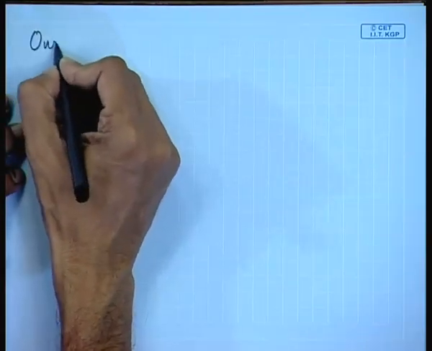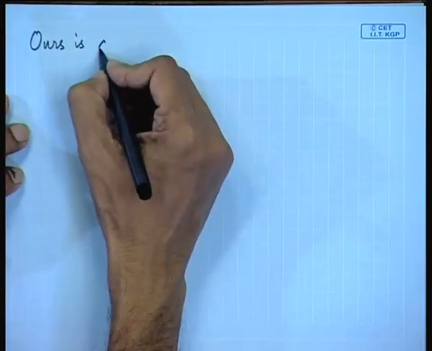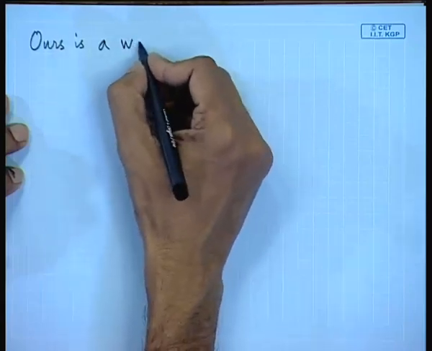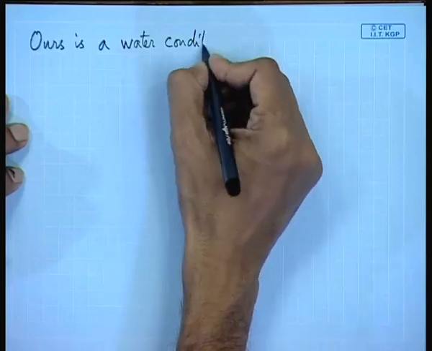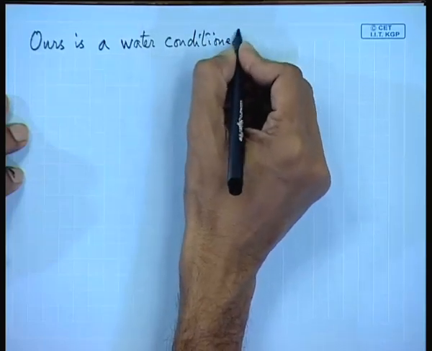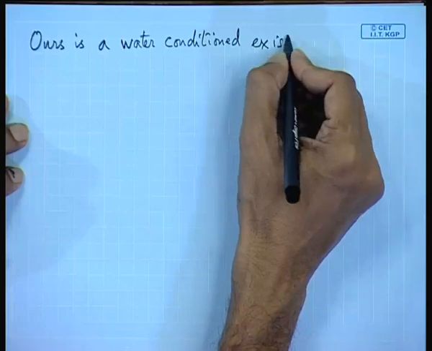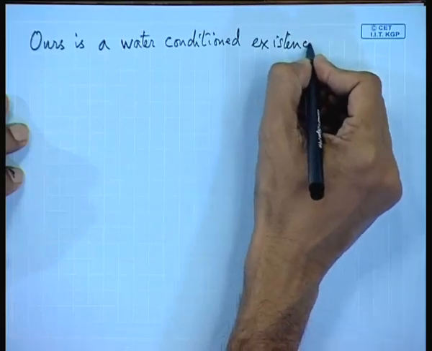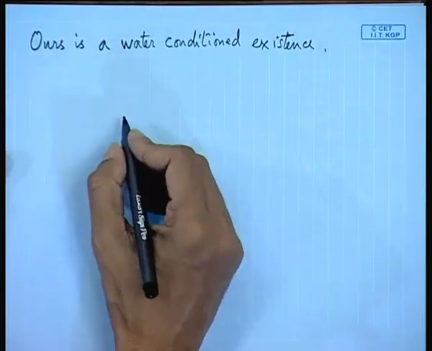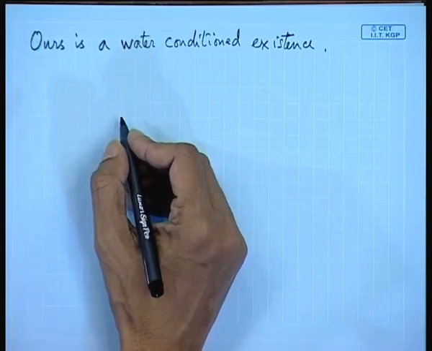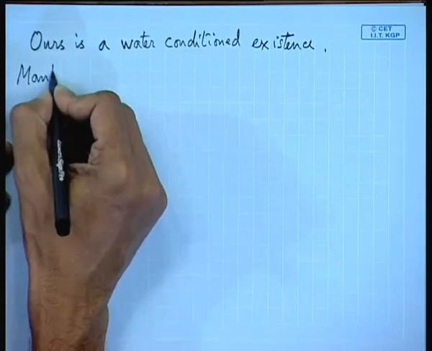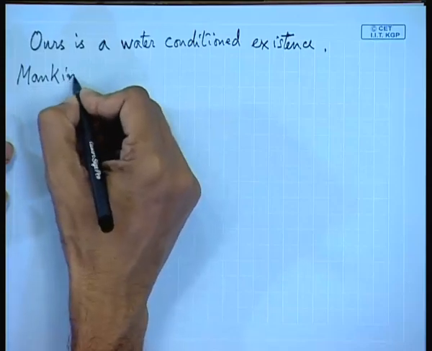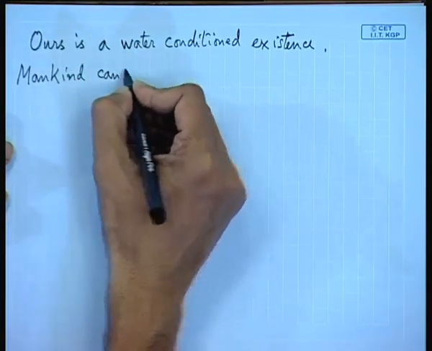Now, because of this large water mass, which is covering 71% of the earth, ours is a water conditioned existence. Mankind, obviously everyone knows, cannot live without water.